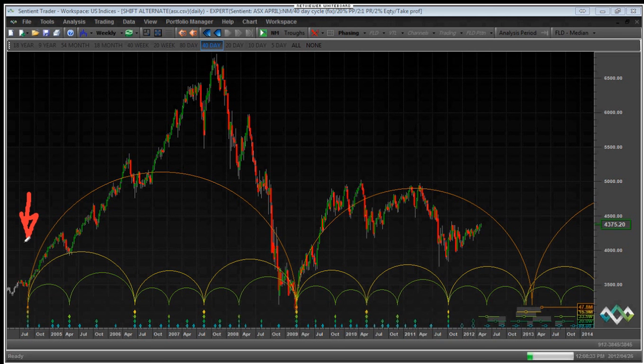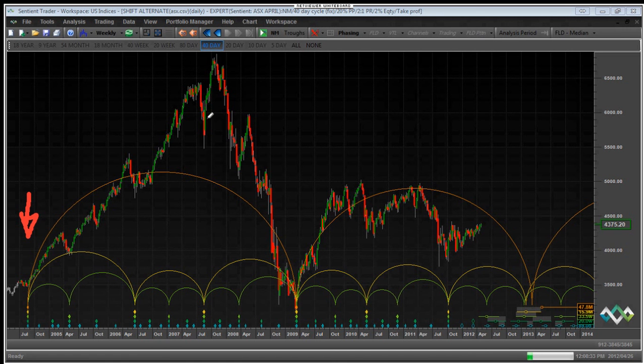Again, one shouldn't take that trough too seriously because it's right at the beginning of our analysis. It happened 8 years ago, so the exact placement could be debated, but it would be a waste of time to do that at the moment.